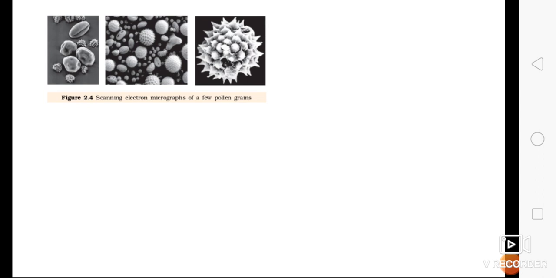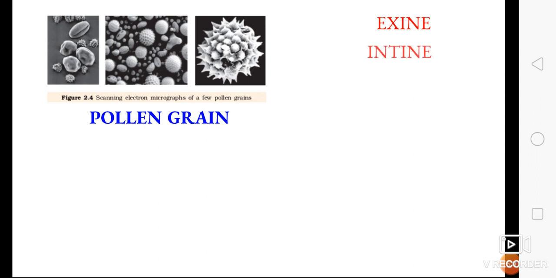The outer layer of the cell wall of pollen grain is thick and it is known as exine. The inner wall is thin, it is intine. So exine and intine are the two layers of the cell wall of microspore.